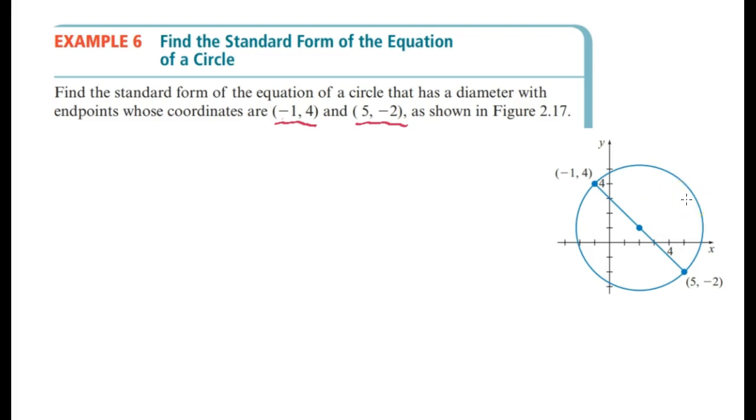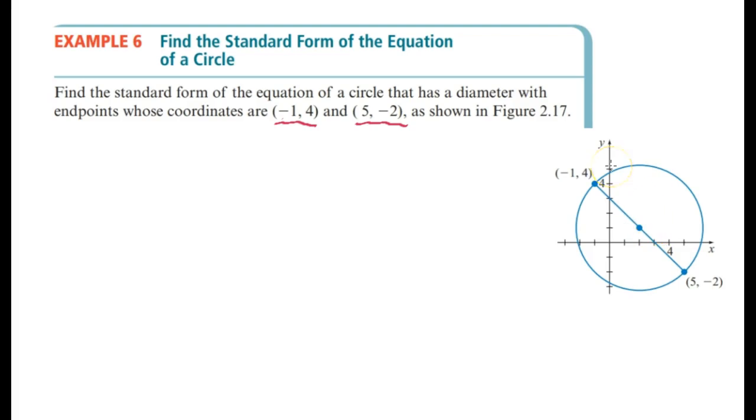Okay, so we want to calculate the center of this circle, and based on what we've already discussed, we know how to calculate the center of a circle by the midpoint formula, because the midpoint of a diameter is the center of the circle.